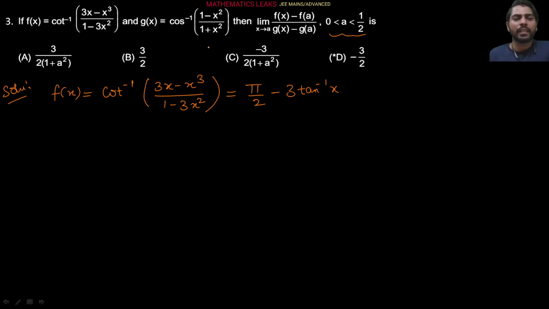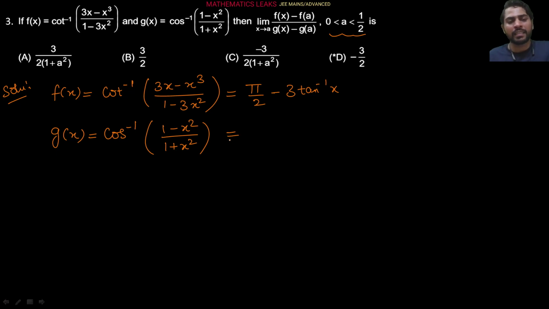And similarly, if we observe g(x), which is cos inverse of (1 minus x square) upon (1 plus x square), we know that when a is in this interval, that is nothing but 2 times tan inverse of x. That is our g(x) here. Clear? So now we are going to evaluate this limit.